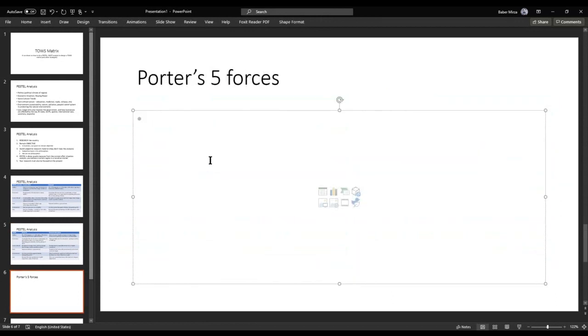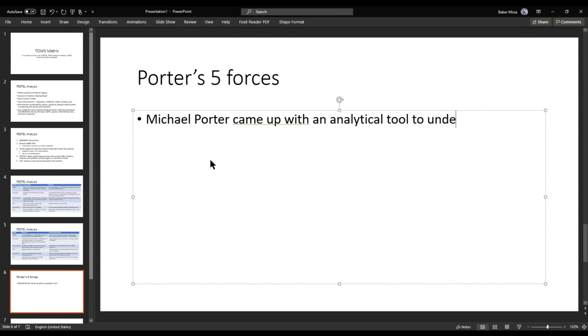But Porter's 5 forces is a little too soon to teach all of you. You'll probably learn this down the road, but I will mention what it is before I give a break. Michael Porter came up with an analytical tool for the competitive nature of the industry.